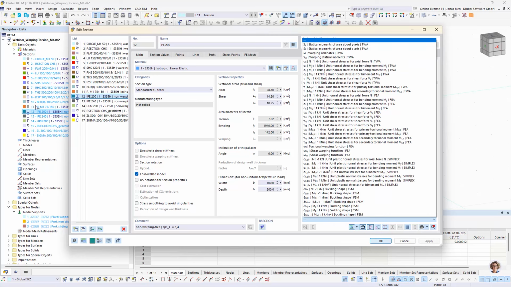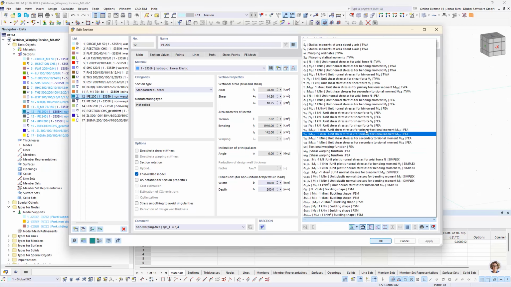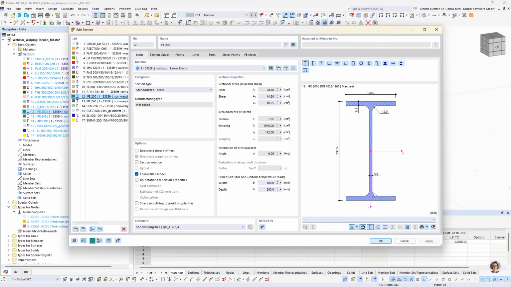Therefore, you just go to the section dialog, and then underneath this figure here, you can see that there are a lot of functions built into RFEM where you can assess something like unit stress distribution for finite element analysis. That's where the section is discretized in 2D elements. You can check the mesh here by clicking on this little mesh symbol.